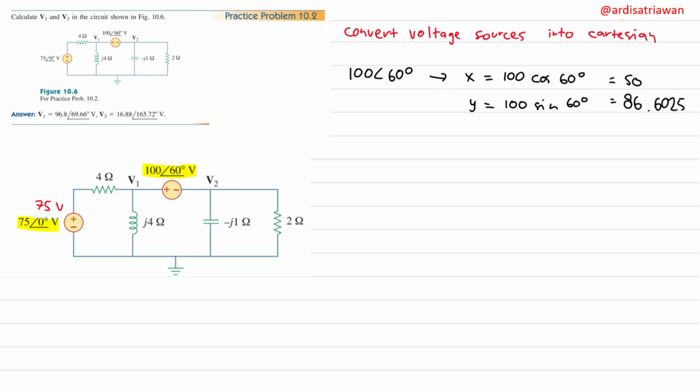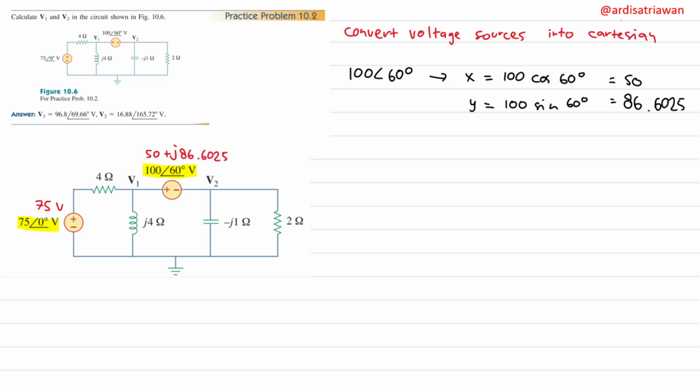So if you write this as rectangular coordinates, this is the real part, so I will have 50, and this one is the imaginary part, so I will have plus j86.60. Okay, now we can do analysis like usual.